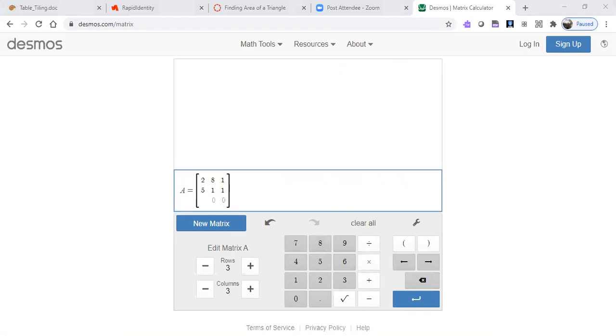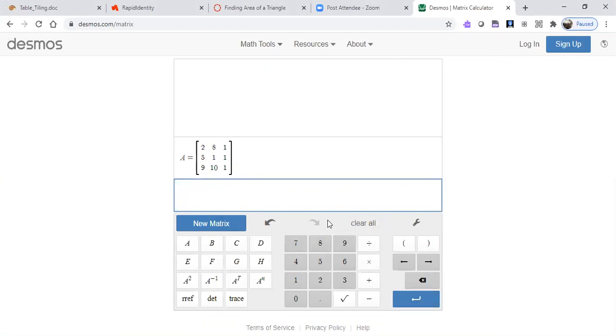And the other one was 2, 8, 1, 5, 1, 1, 9, 10, 1. So 9, 10, 1. Put that in, and then you're going to do 1/2, or you can do 0.5 if you want, 1/2 times the determinant of that matrix.